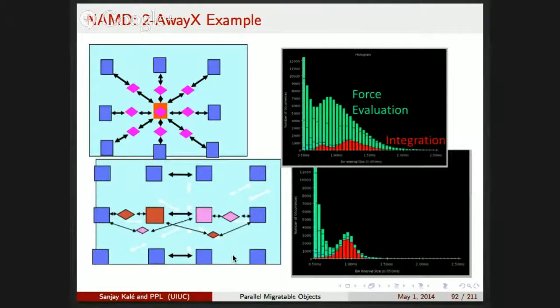So you're decomposing further down, making the grain size smaller, but incurring some extra messages. By doing that kind of decomposition, we get a better distribution. Now we will be able to better load balance and make sure that no grain size is much larger than the average process load.